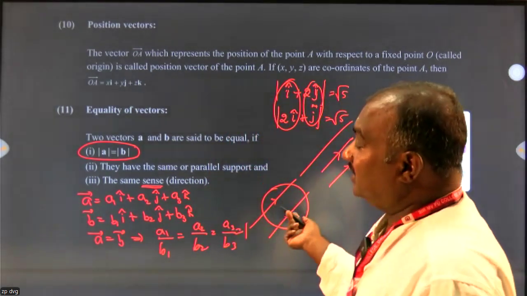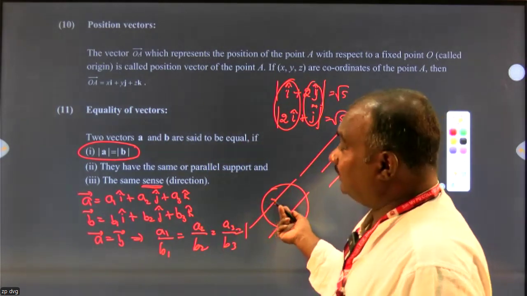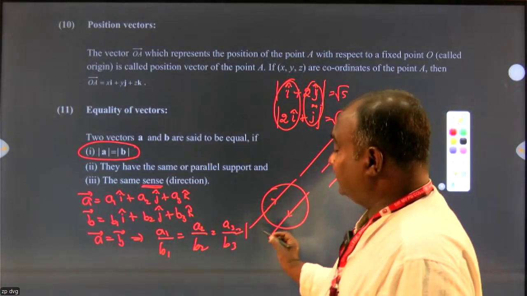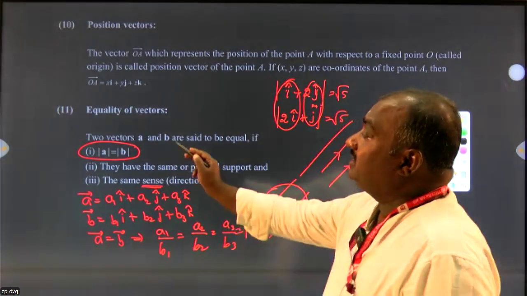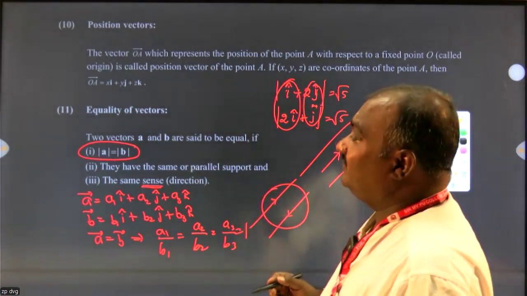If there it is lambda, they are collinear vectors or parallel vectors, but not equal vectors. If it is equal to 1, then they are said to be equal vectors.